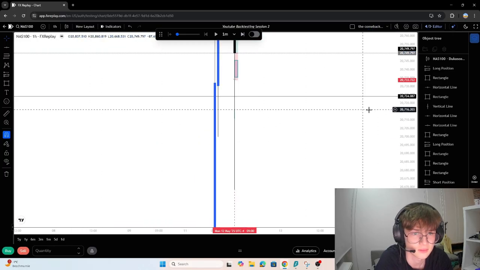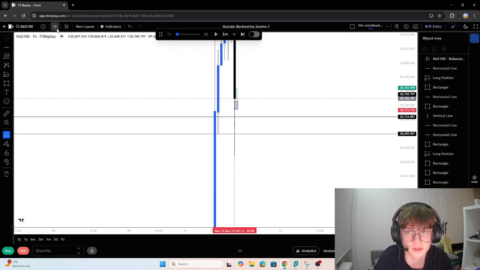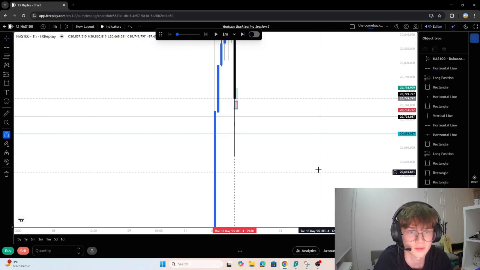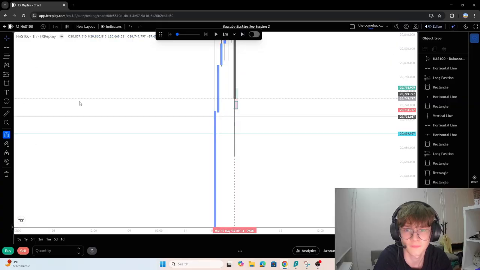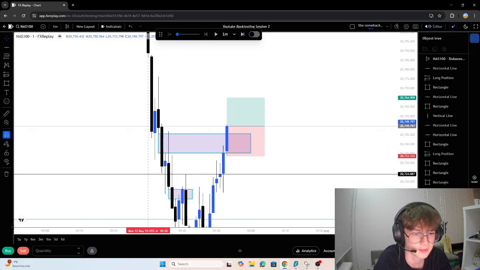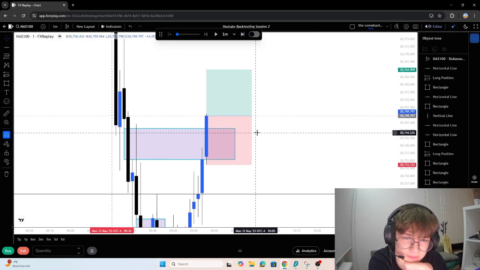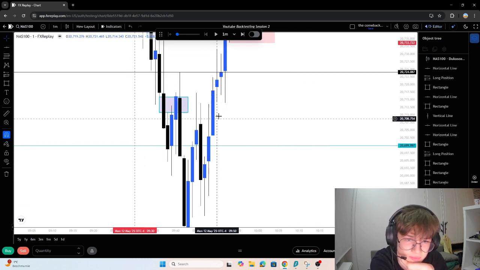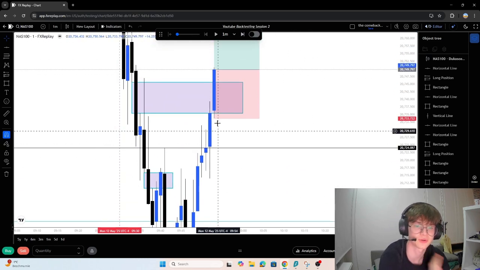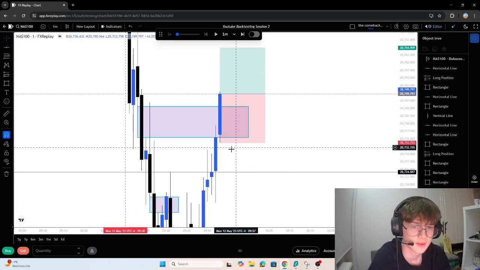Here. Let me do it in blue so it's easier to look at. We swept price here, we went back up again, we inverse this. I'm not sure. We just got 7 straight blue candles.